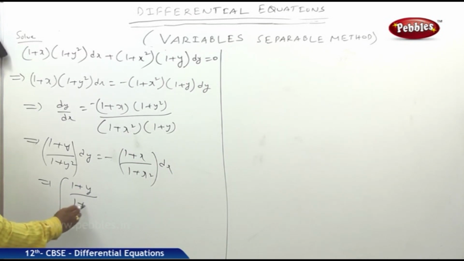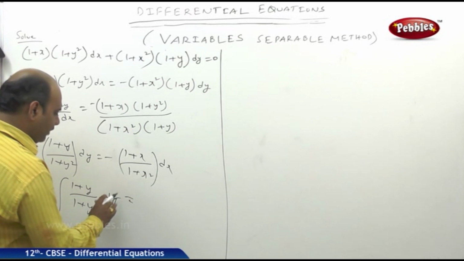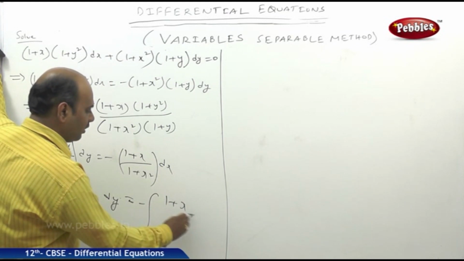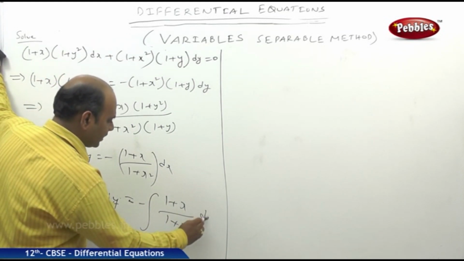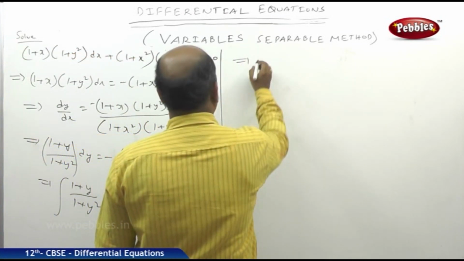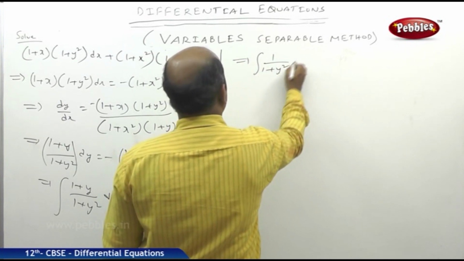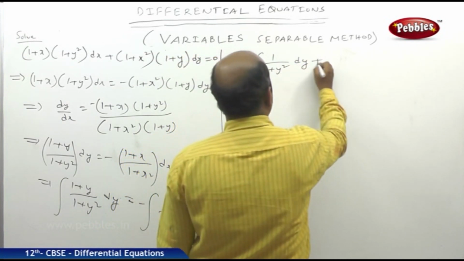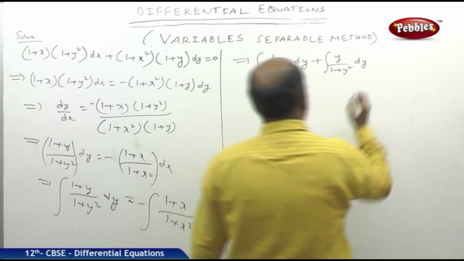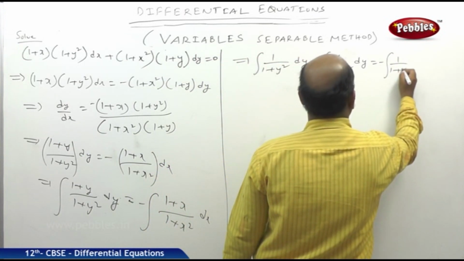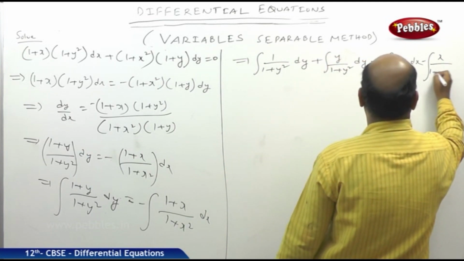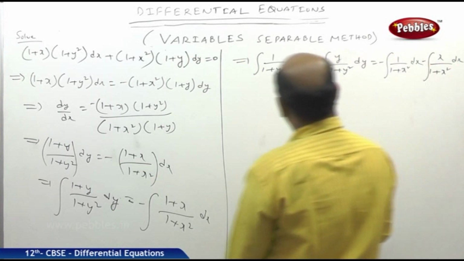So integral of (1 plus y) by (1 plus y square) dy is equal to minus of integral of (1 plus x) by (1 plus x square) dx. Finally that is equal to integral of 1 upon (1 plus y square) dy plus integral of y upon (1 plus y square) dy is equal to minus of integral of 1 upon (1 plus x square) dx minus integral of x upon (1 plus x square) dx.